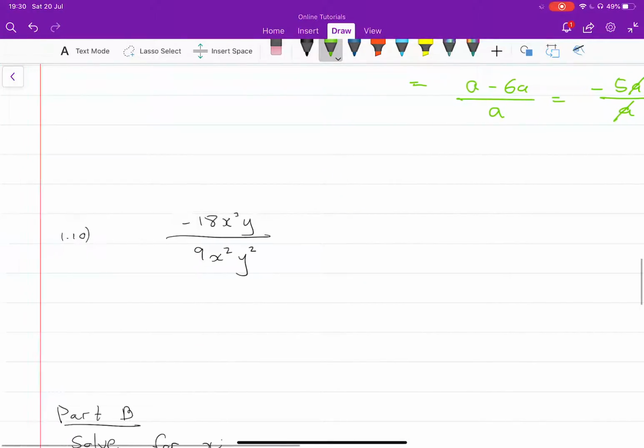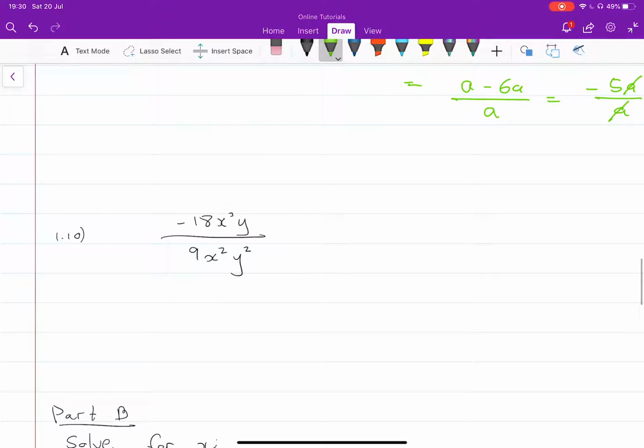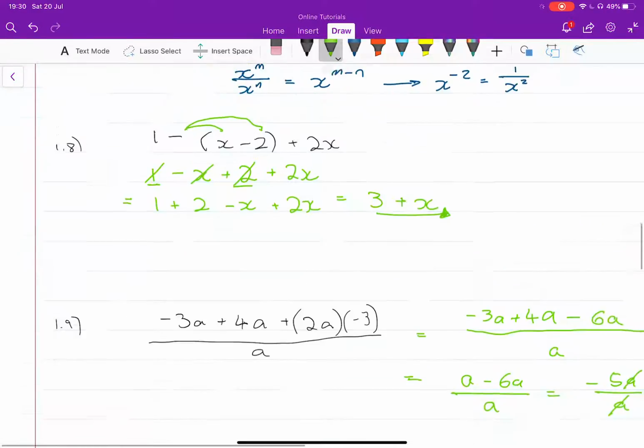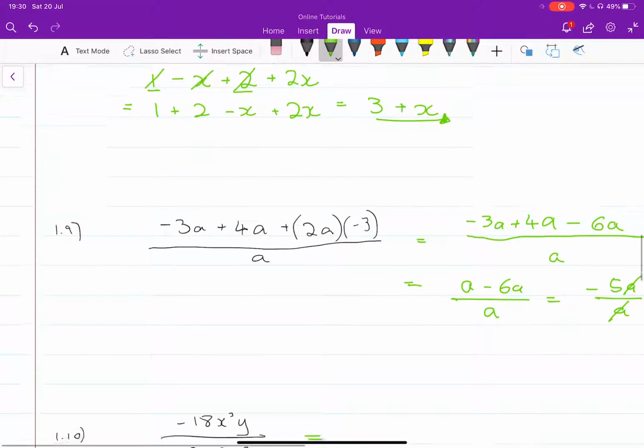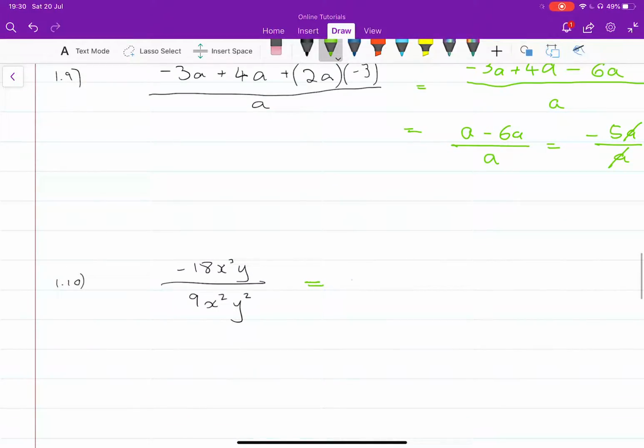Okay, moving on to question 1.10. These are all very similar, so we want to use this rule that we used here. So let's go minus 18x cubed y over 9x squared y squared. We're going to leave the minus as it is. 18 divided by 9 is equal to 2 at the top.